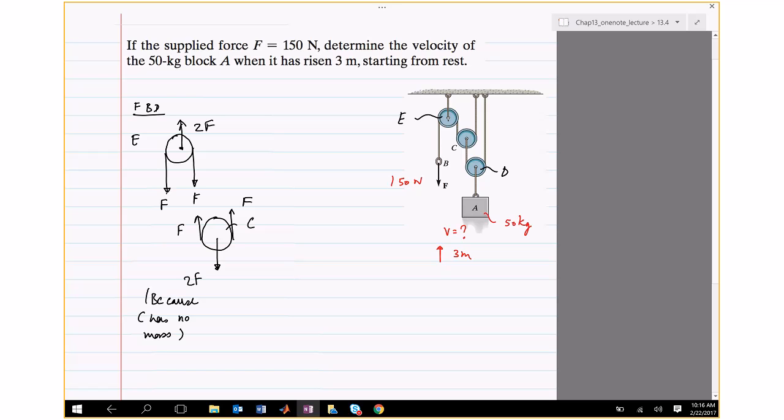Okay, then we can draw the free body diagram for D. This is D. Again, there's a string here, which is the one I've drawn over here, so this force is going to be 2F.